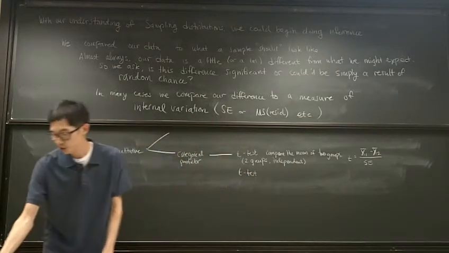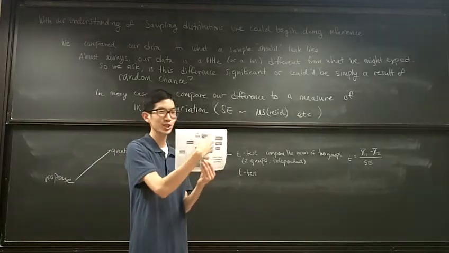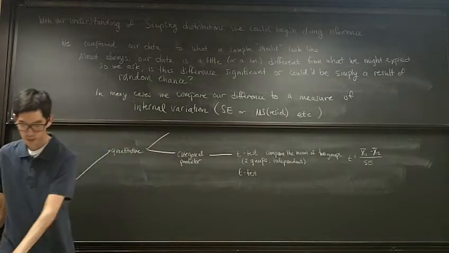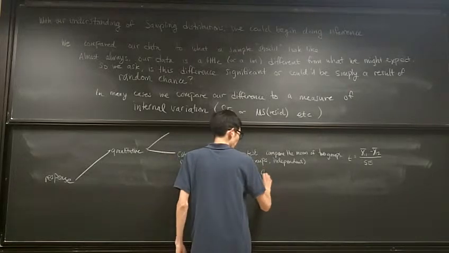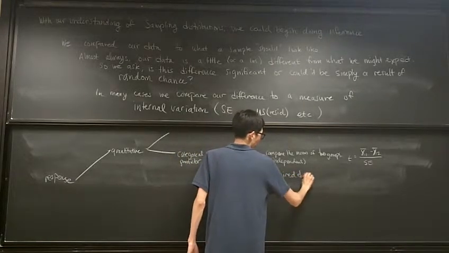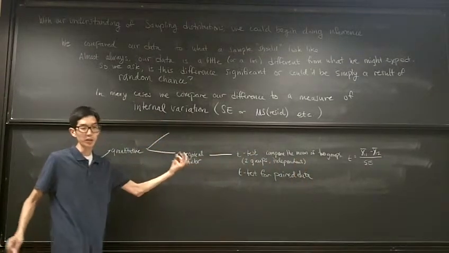So this chart does a better job of breaking out when you're using what. We have a t-test for paired data. That was also two groups, but they're not independent.